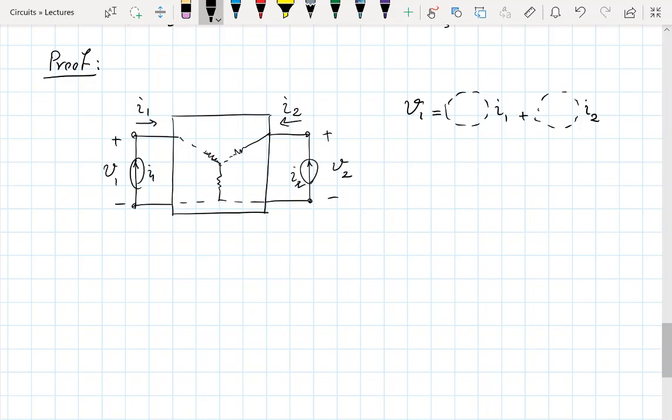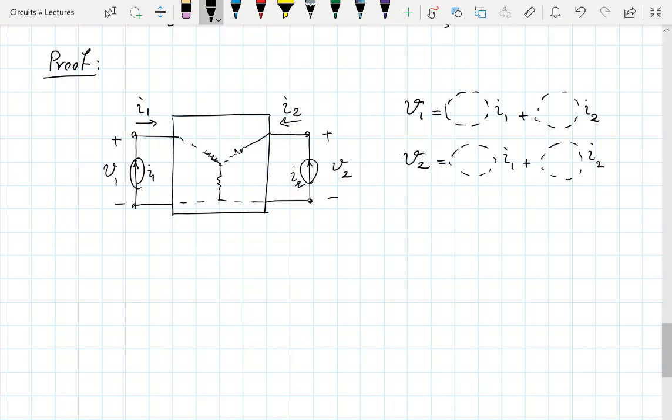This is a linear circuit. Okay? And that's why you can have a relationship like that. So V1 would be something times I1 plus something times I2. And the same thing for V2. Something times I1 plus something times I2.